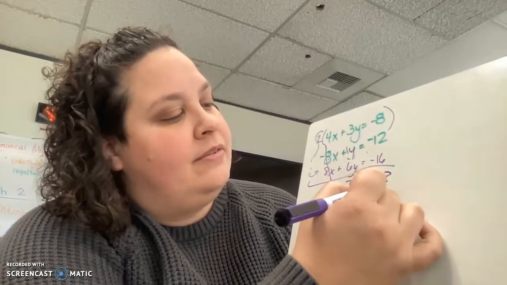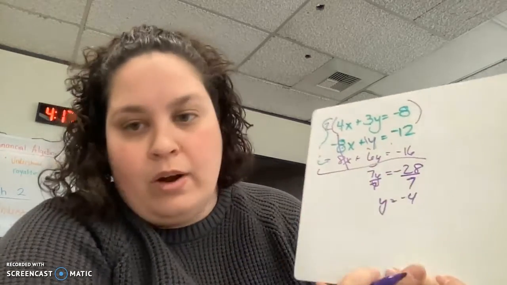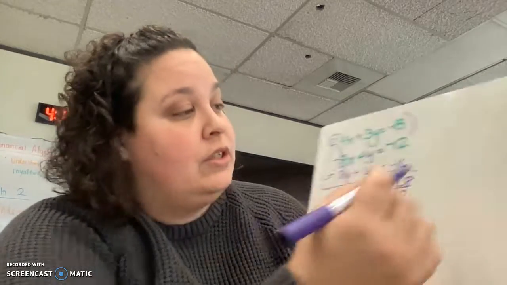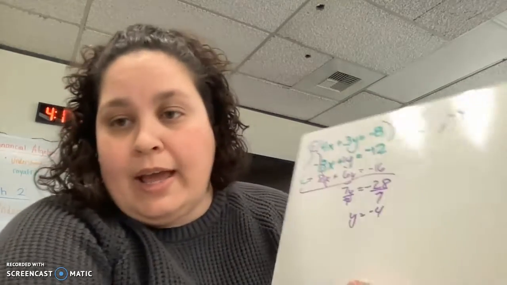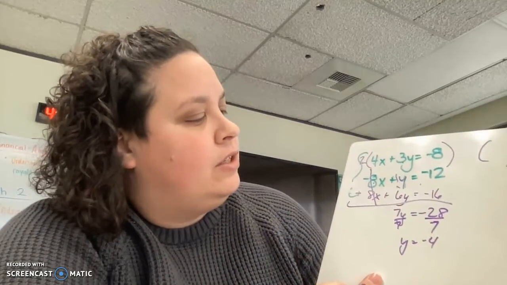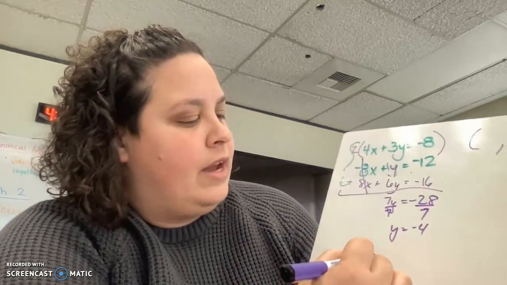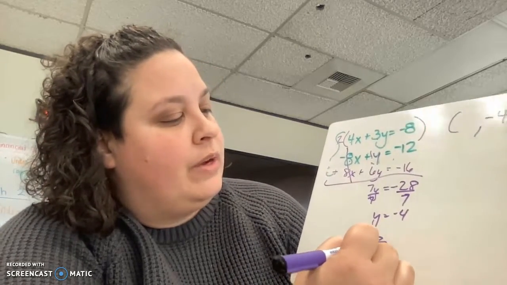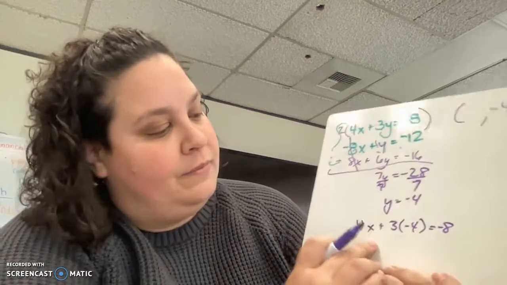Divide by 7, divide by 7, y equals negative 4. So again, we just solved for y. But we need our x, so we got to plug it back in. Again, pick whichever one looks easier to you. In this case, let's go with the top one. So 4x plus 3 times a negative 4, because we're going to plug in our y, right?